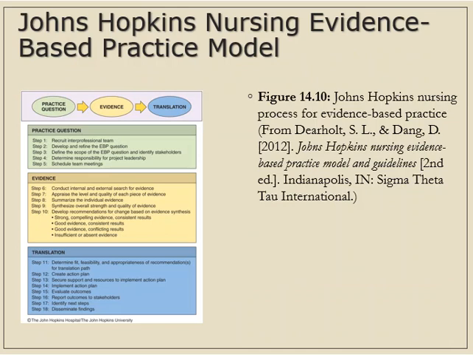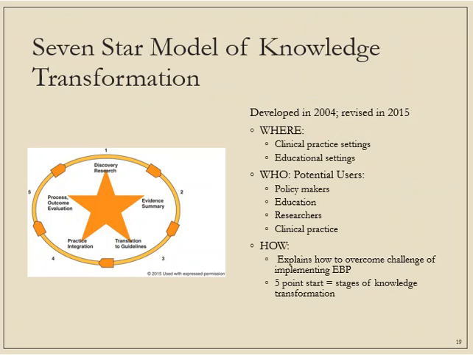This is another figure of the Johns Hopkins process. It gives you step-by-step within each of the different categories in that green section on the last model. And this is in your textbook, figure 14.10, so you can look at it a little more closely too. Another really good and easy to use model.